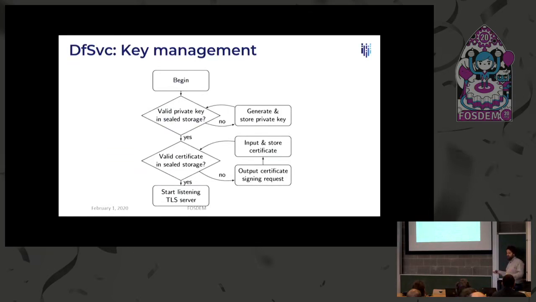If not, I'll make one. And then do I have a valid certificate? If not, I output a certificate signing request. And then once I get the certificate, I can be a TLS server. Okay, so that's the services part, and how you integrate services with enclaves.